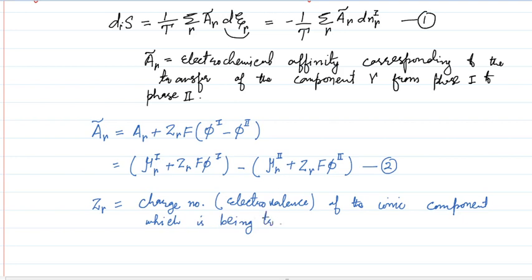Here F is simply the Faraday. We know 1 Faraday is equal to 96485 coulomb per mole. It is this much of charge.